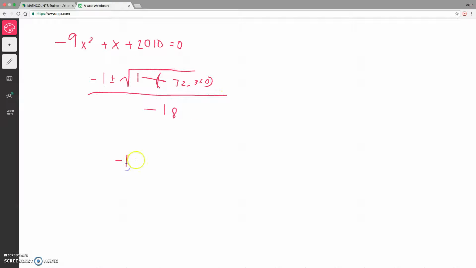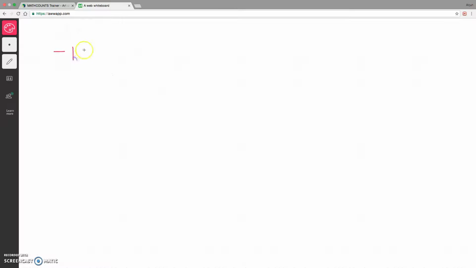So our new equation is negative 1 plus or minus the square root, not the square root, sorry. Let's clear all this. Negative 1 plus or minus 269 over negative 18. Now, since only the positive values will work, note that this will have to be positive values.